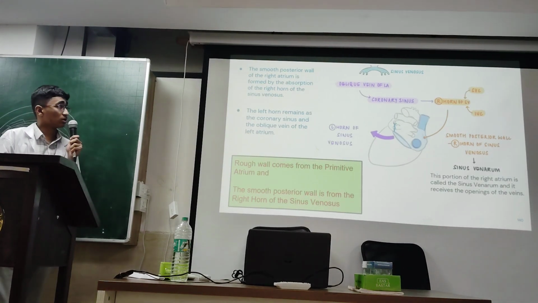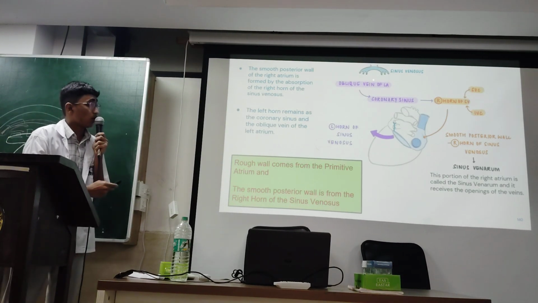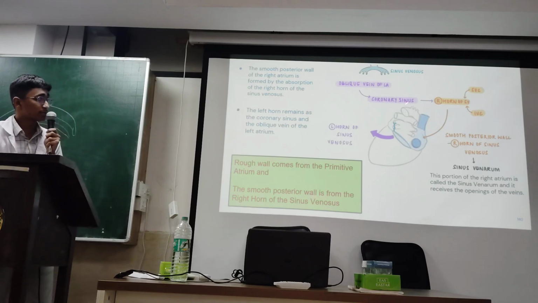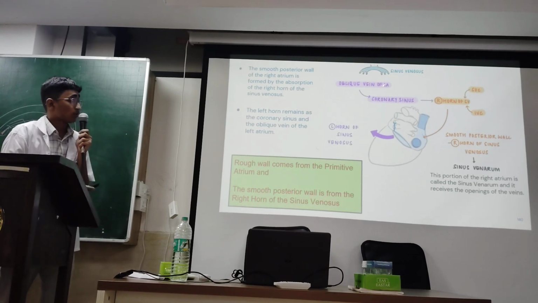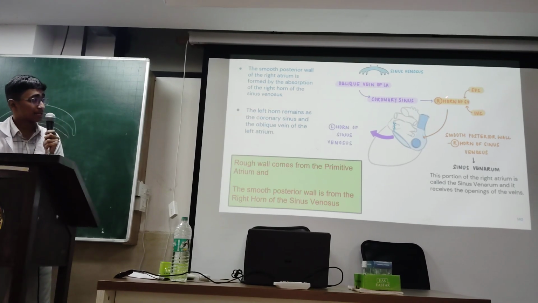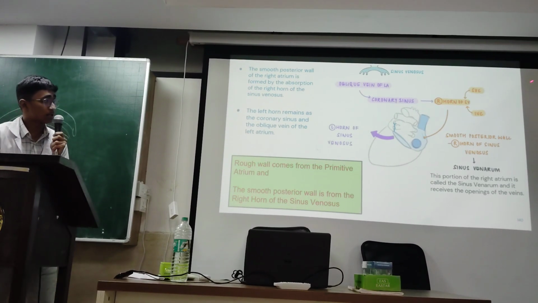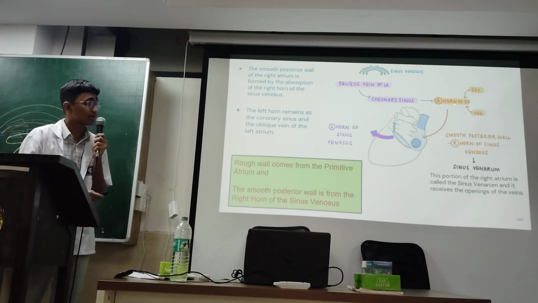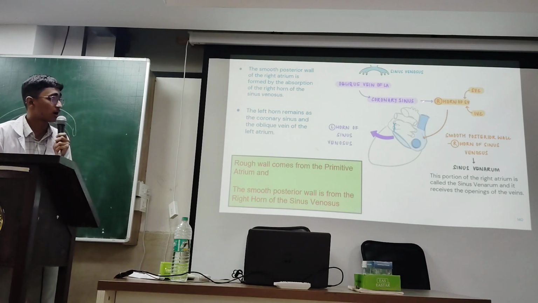Now, the oblique vein of the left atrium and the coronary sinus of the left horn will open into the right horn of the sinus venosus, and the sinus venosus is also receiving blood from the superior vena cava as well as the inferior vena cava.